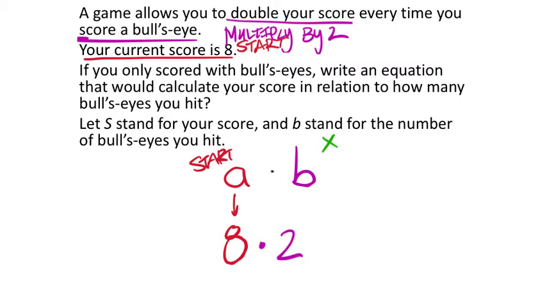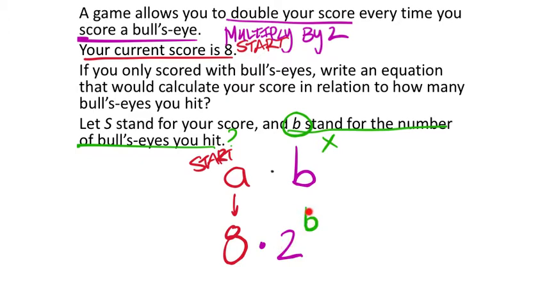Now it says you're just going to continually hit bullseyes. It just didn't say how many, right? It said let B stand for number of bullseyes that you hit. We don't actually know how many that is, but it said to use B there, so it would be 2 to the power of B. Meaning if you were to hit it twice, then you'd have 2 to the power of 2. If you were to hit it once, it would be 2 to the power of 1. Let's say you didn't hit it.